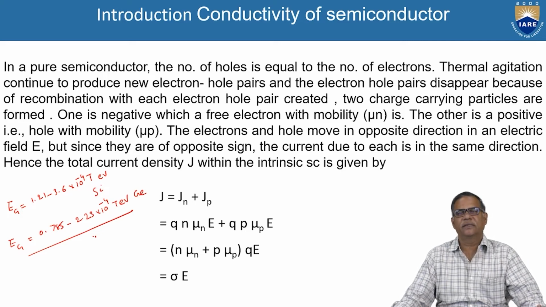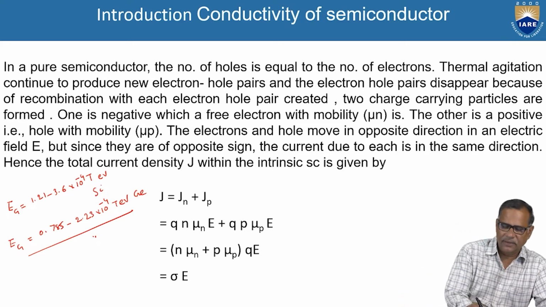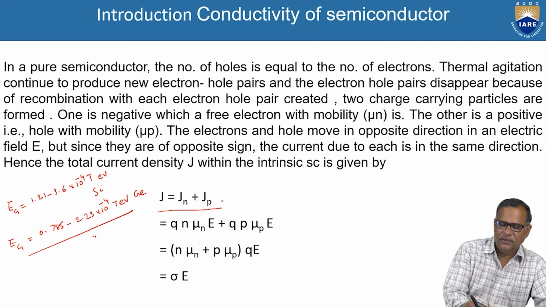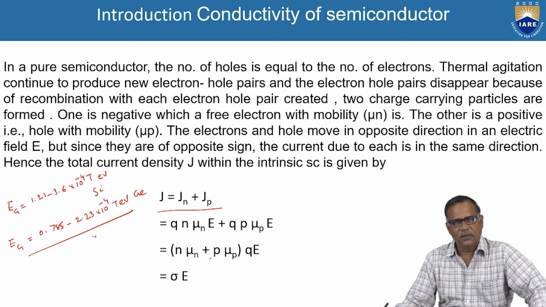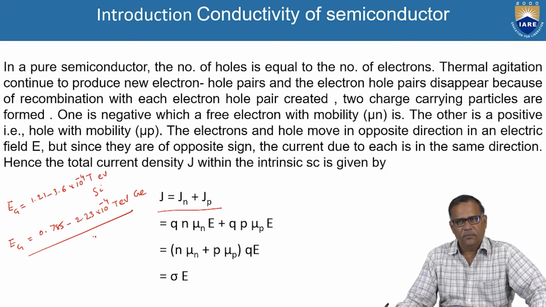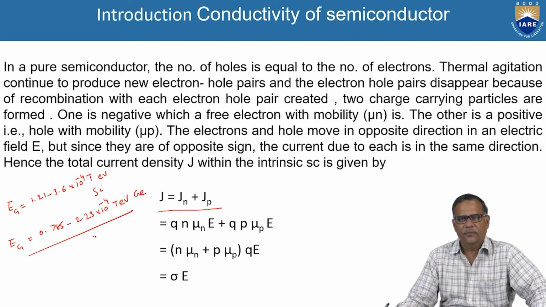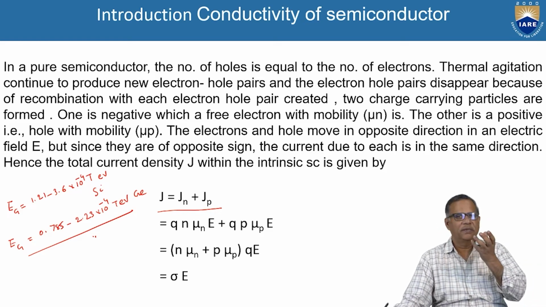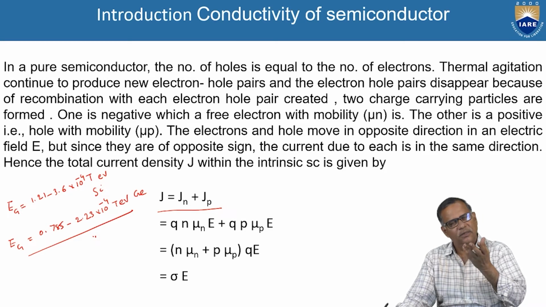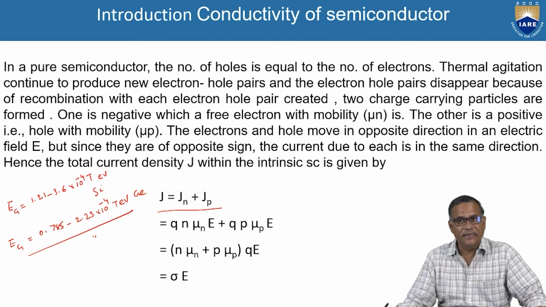Hence the total current density in an intrinsic semiconductor is given by this equation: J is equal to Jn plus Jp, which is equal to q n mu n E plus q p mu p E, where q is the charge, n is the number of electrons, mu n is the mobility of electron, p is the number of holes, mu p is the mobility of hole, and q is the charge present on the electron or the hole, and E is the electric field intensity.